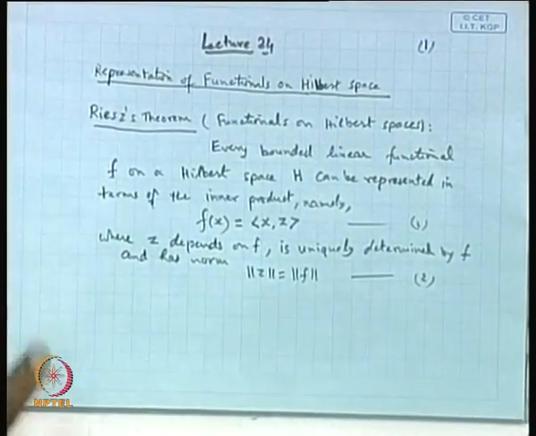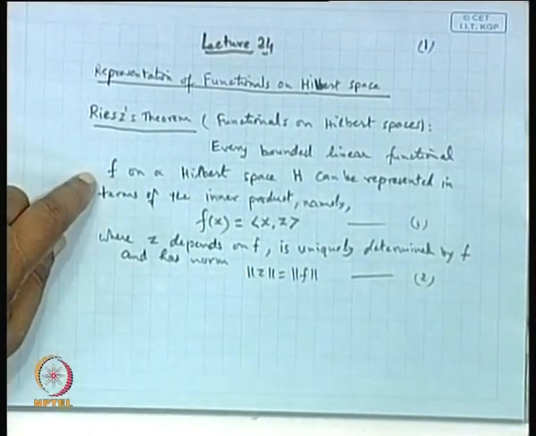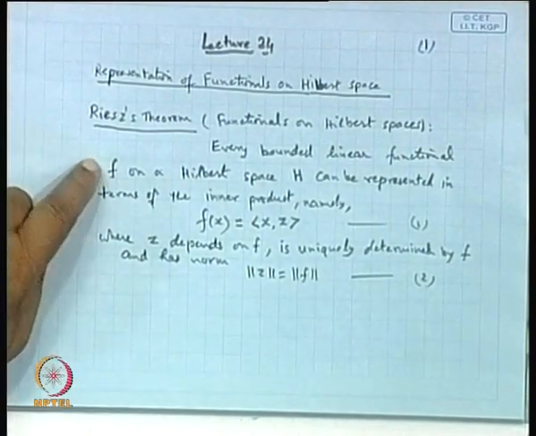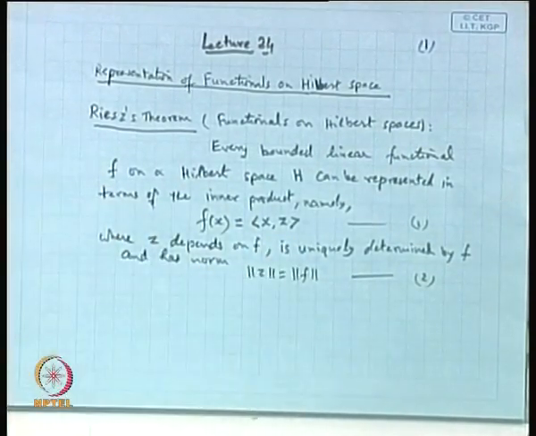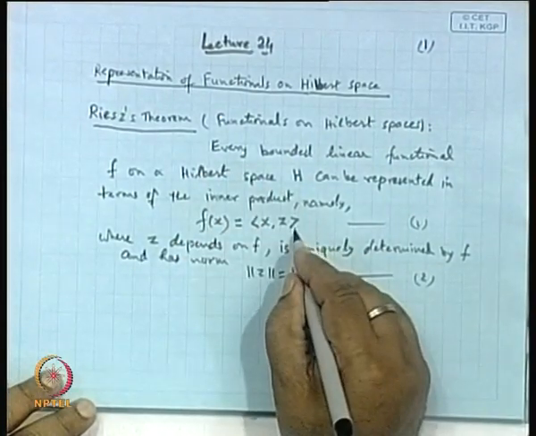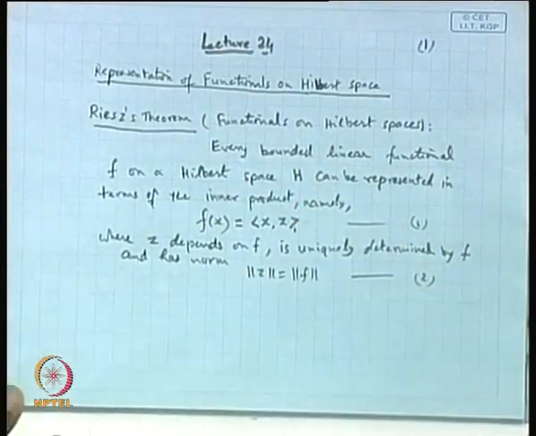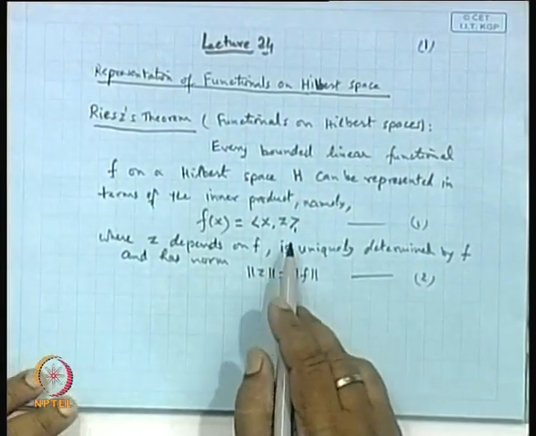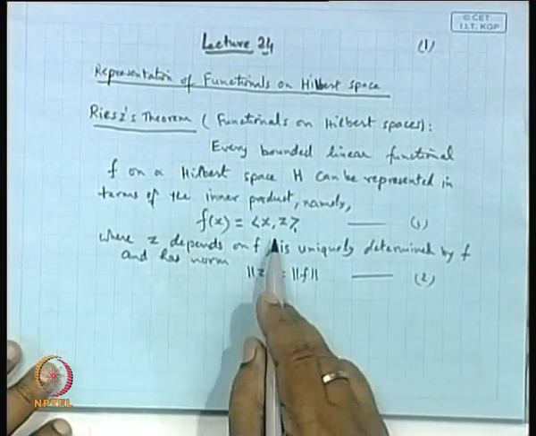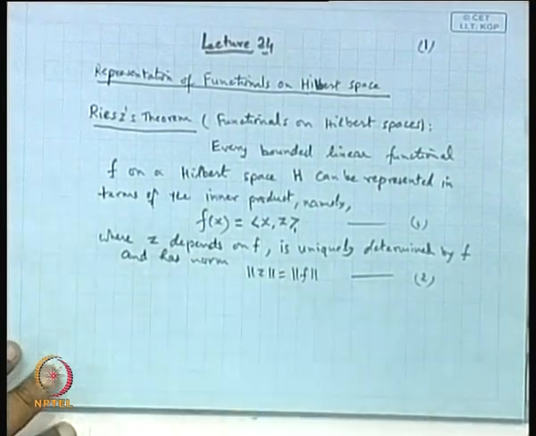So, what this result says is that if H is a Hilbert space and f is a bounded linear functional on H, then we can always express f(x) in the form of the inner product, and this inner product is the inner product defined on H. This z depends on f, is uniquely determined by f, and the norm of z and the norm of f are identical.